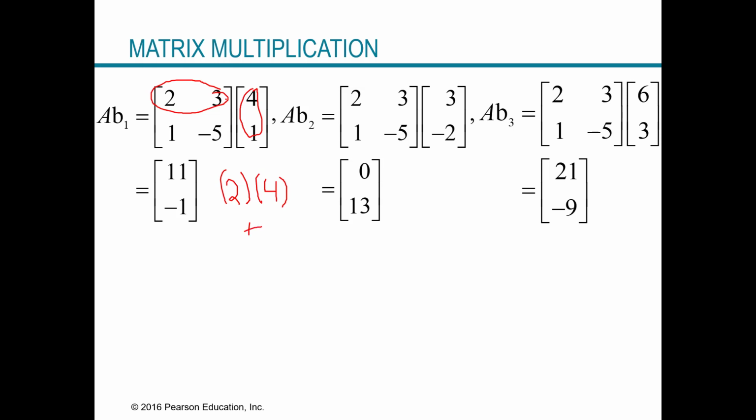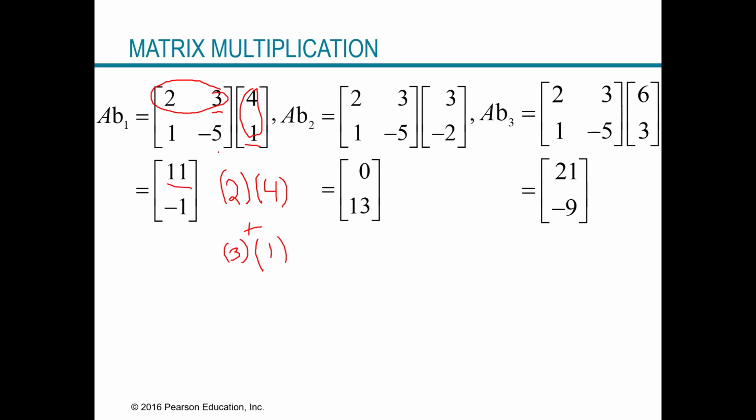So plus the second entry in row 1 is a 3, and the second entry in column 1 is a 1. So second entries get multiplied as well. And then if there was more, you would say third entry of row 1 times third entry of column 1, and so on. And so 8 plus 3, that's where 11 came from.